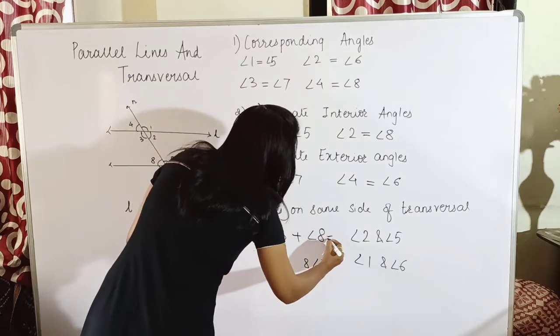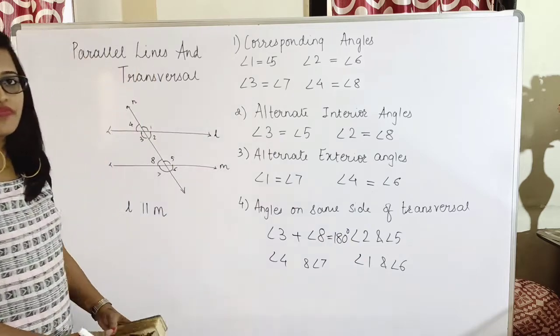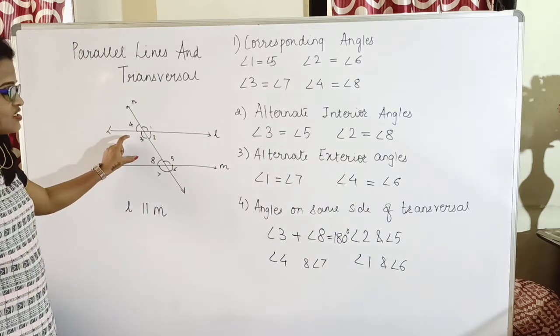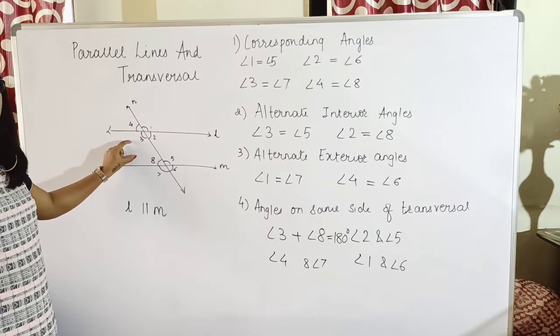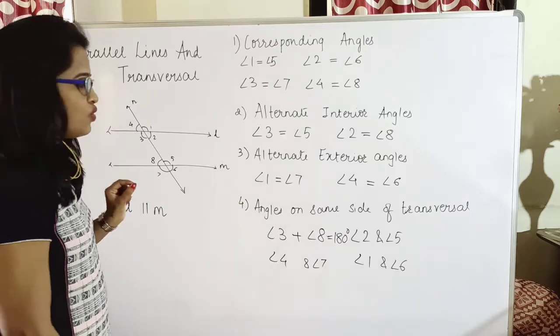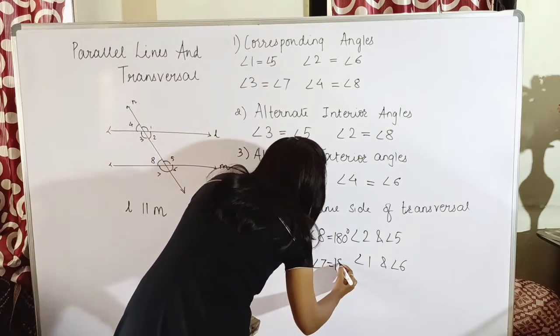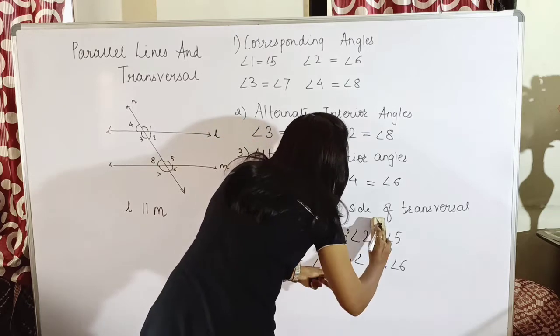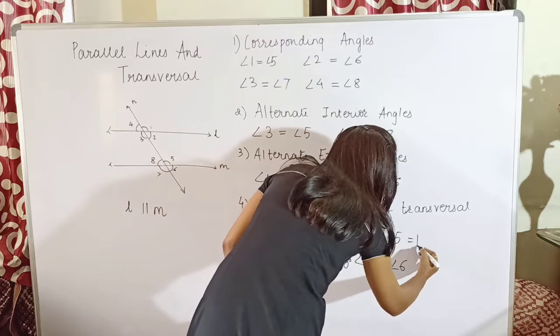They are supplementary, meaning their sum is 180. And the sum of the angles on the same side of transversal is equal to 180 when the two lines are parallel. Only if they are parallel, then their sum is 180 degrees. Similarly, for the exterior angles also, their sum is 180.